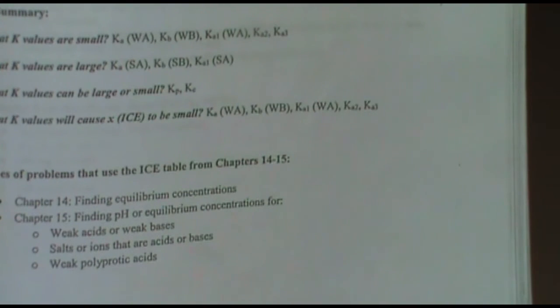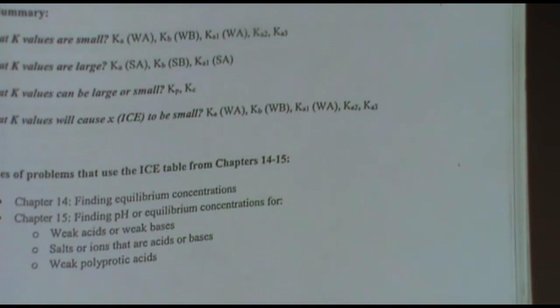Here on the bottom is an abbreviated table of the ICE table. What I want to call your attention to is some of the things up at the top there. So you're going to use an ICE table. If you're asked for pH, you have to separate into 2 categories.